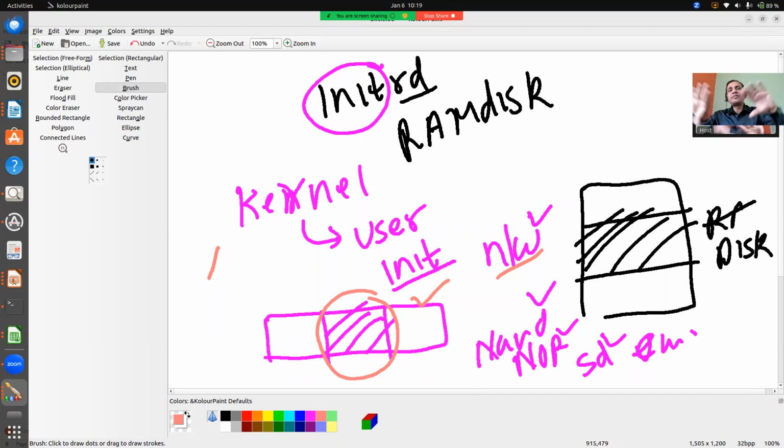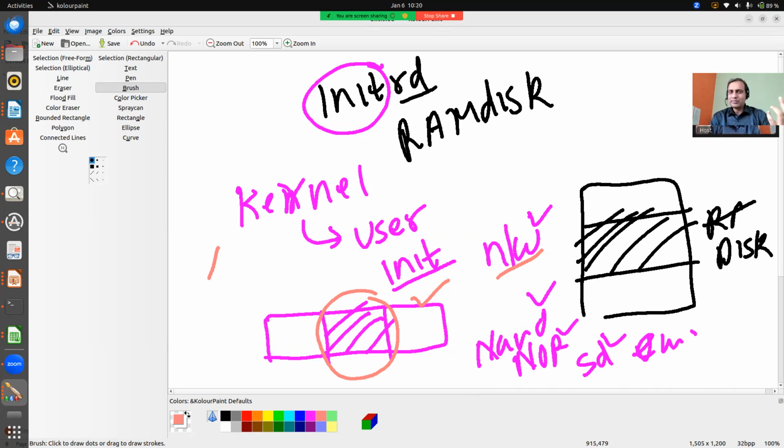Otherwise, there would be hundreds or thousands of Ubuntu ISO images you would have to maintain. But what we have is a single image which is compatible. Irrespective of what PC or laptop you are booting your Ubuntu on, you have a single image.